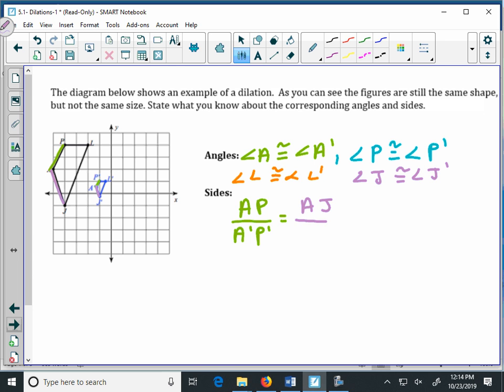Those two fractions are the same. That is also going to be the same as JL over J prime L prime, and also the same as PL over P prime L prime.